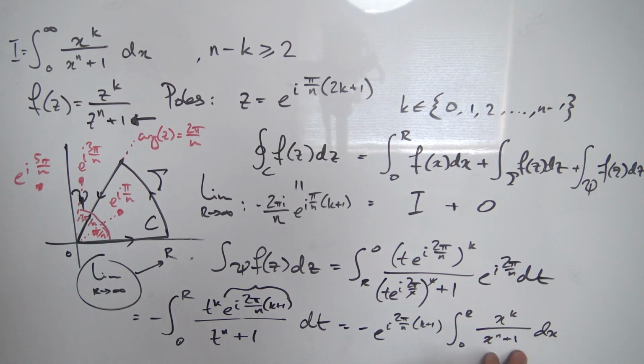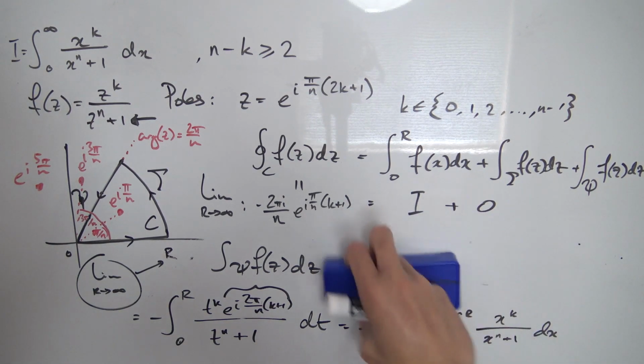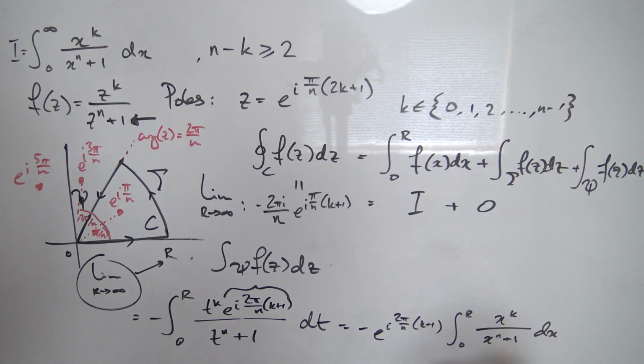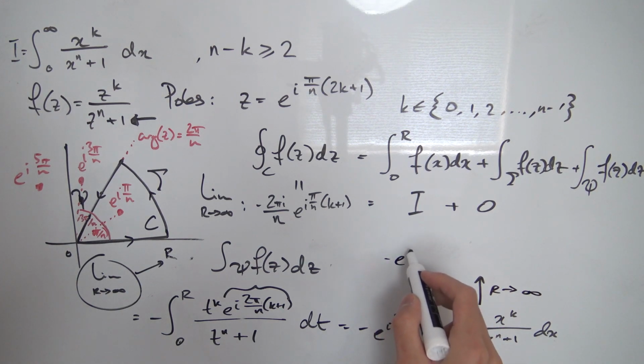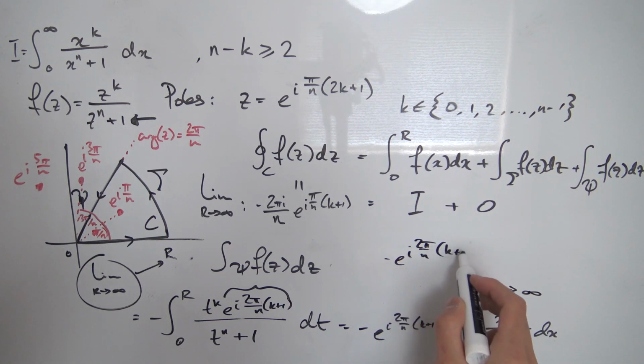And notice, this is basically what we have at the very start, but we just have this r. But remember, we want to take the limit as our r approaches infinity anyways on this integral. So in the limit as our r approaches infinity, this thing becomes minus e to the i 2 pi over n times k plus 1.